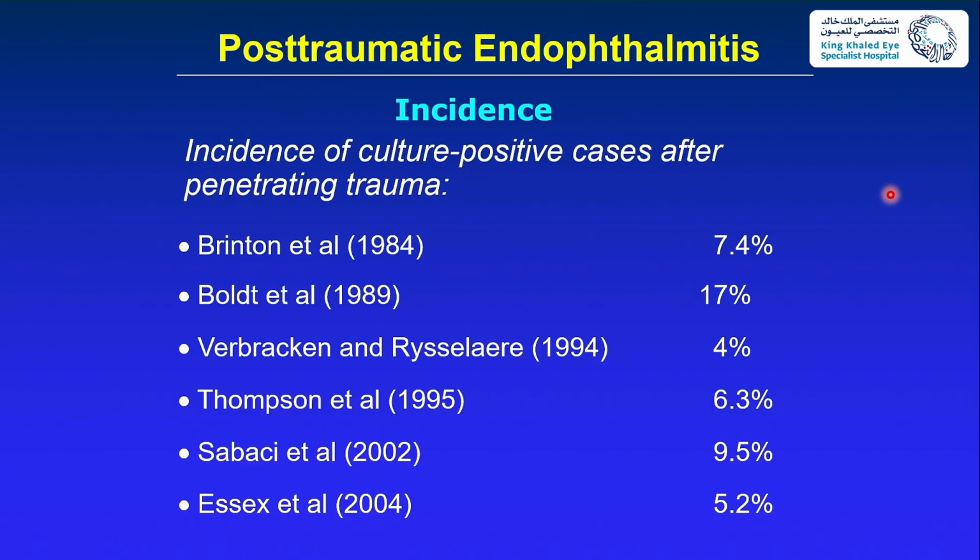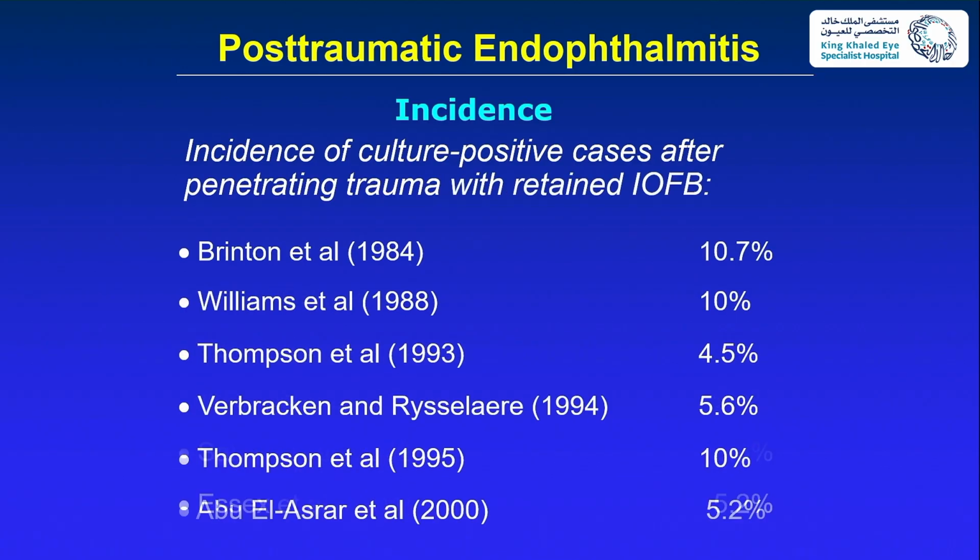So these patients who have open globe injury are at high risk to develop endophthalmitis. And this is the summary of studies that looked at specifically at intraocular foreign bodies. Again, you can see ranges between 4.5% to 10%.